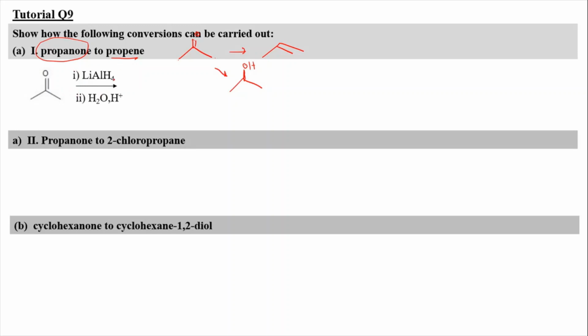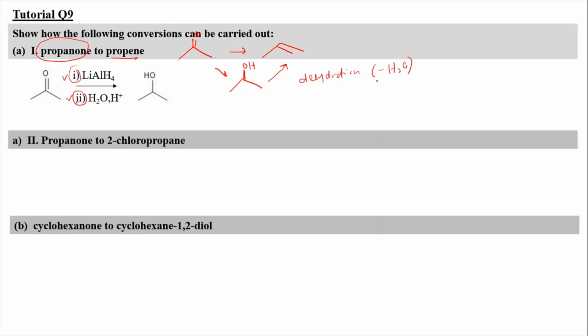So I'm gonna use lithium aluminum hydride, number one. So number one is compulsory, followed by hydrolysis. So number two here is also compulsory. So it needs to be step by step. Okay, so from a ketone, I'm going to produce a secondary alcohol here. Okay, and from here to here, I can do a dehydration. Means that I'm going to remove water.